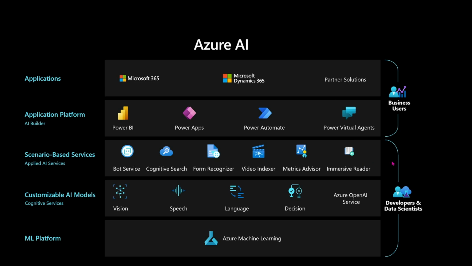The scenario-based services, cognitive services, and the Azure Machine Learning Service are targeted toward developers and data scientists, whereas the Microsoft 365 stack and the AI builder solutions such as Power BI, Power Apps, Power App Automate also benefit from OpenAI and Azure AI services, where these capabilities are infused into almost all the service offerings.